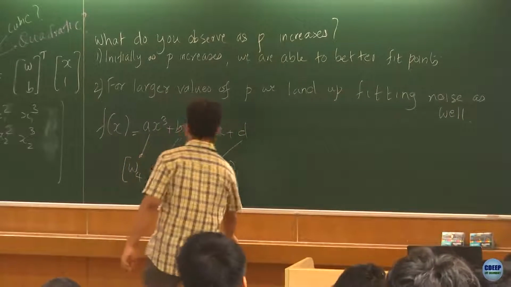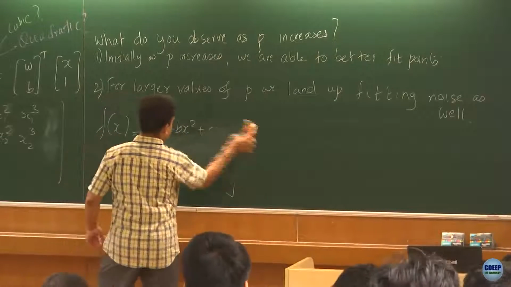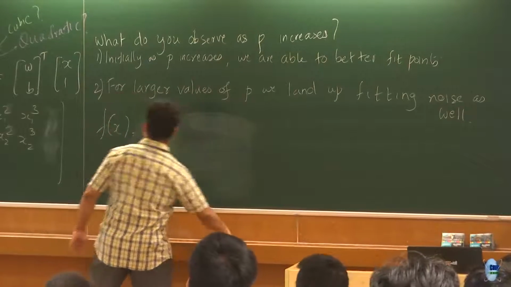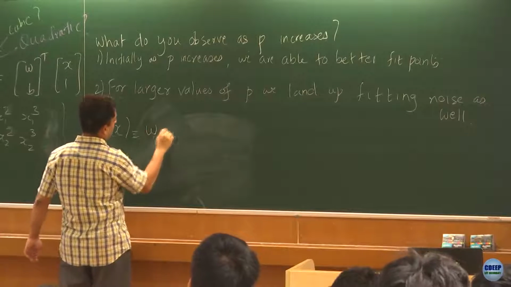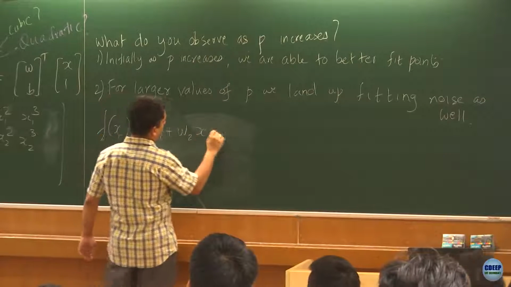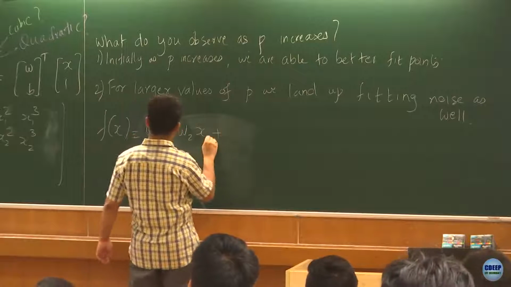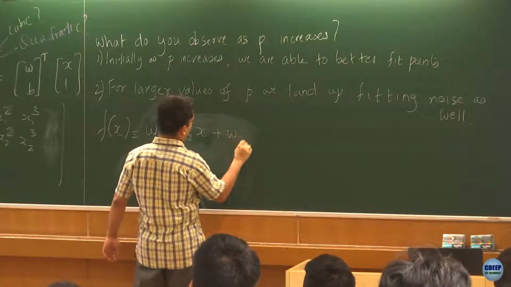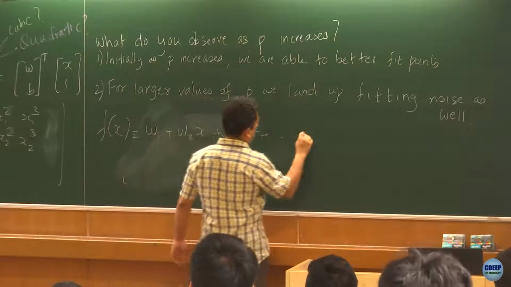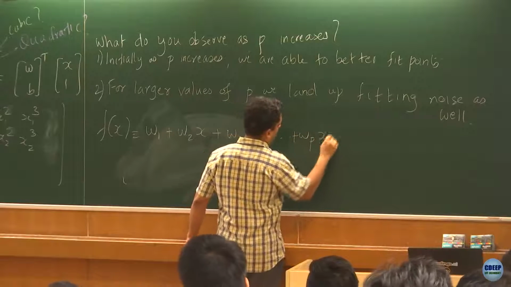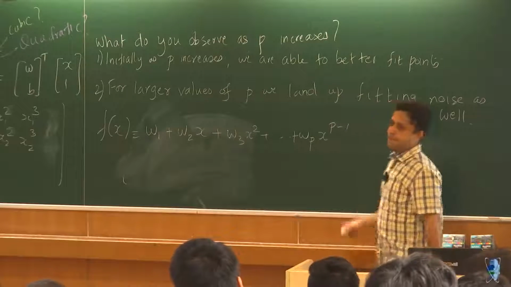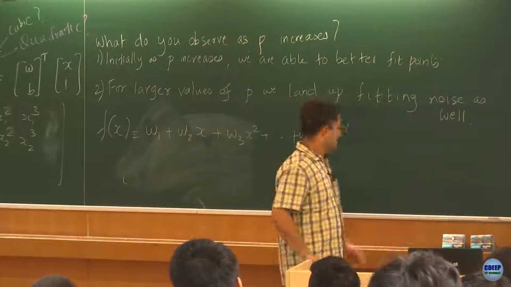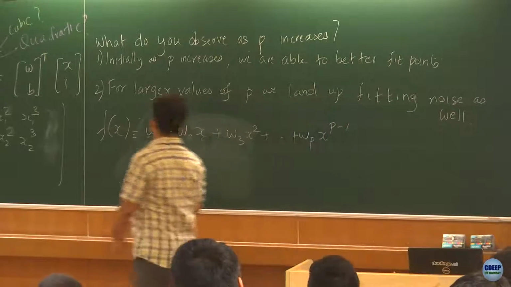Okay, so this is the function we are talking about, with least squares. The objective is still least squares.